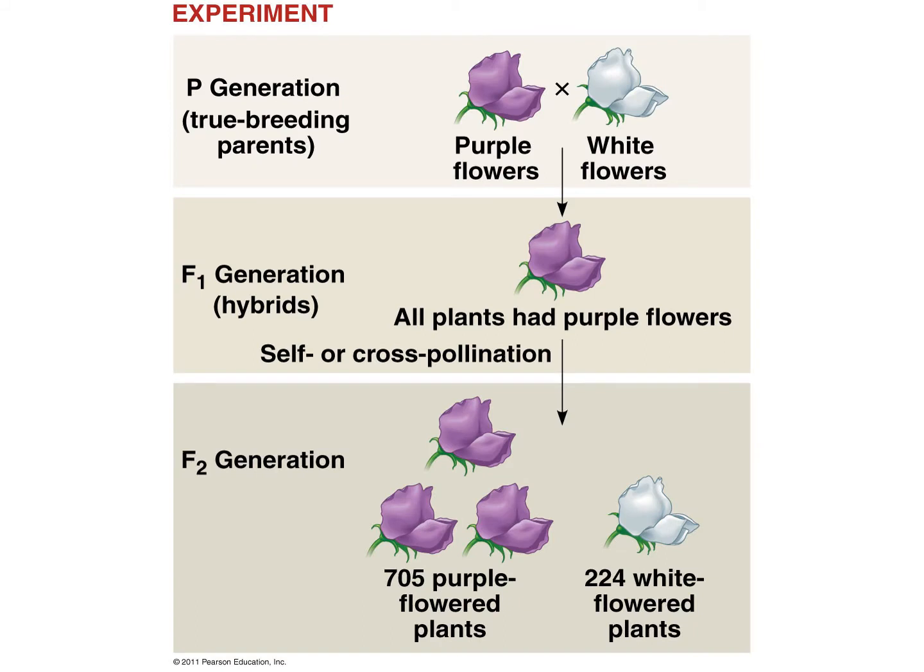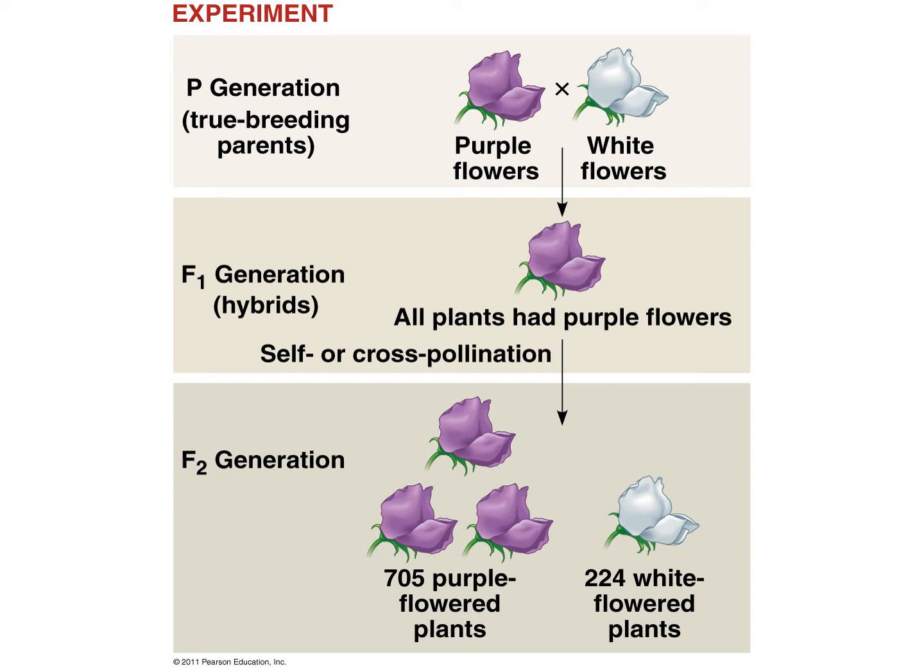So this figure in chapter 11.3 gives us some actual data from Mendel's paper. And visually we see the P generation, the F1, right? The results of that cross. They're all purple flowering. Purple is the dominant trait.